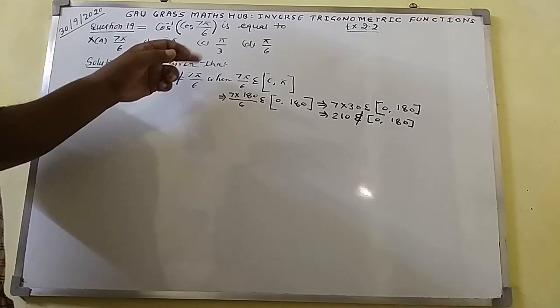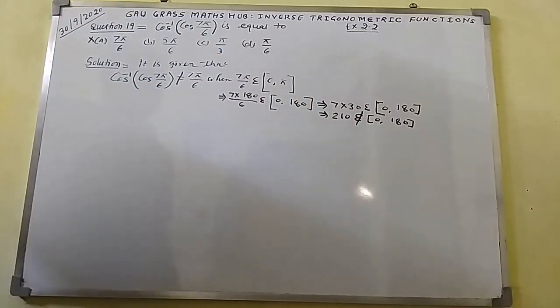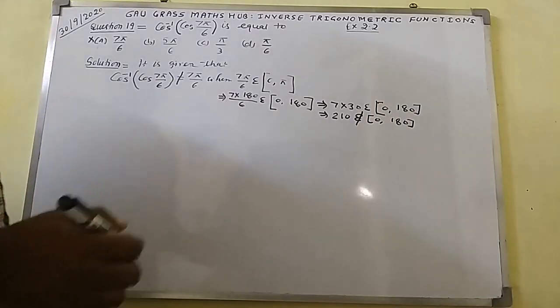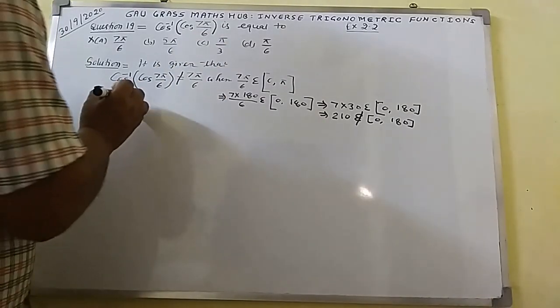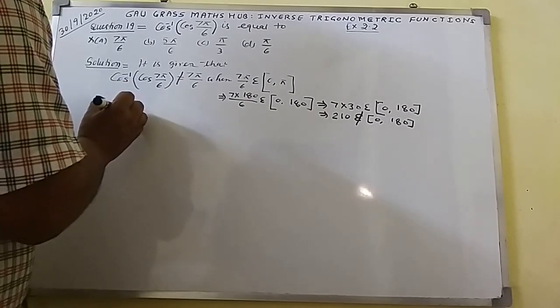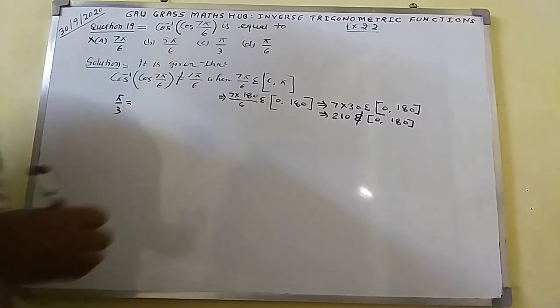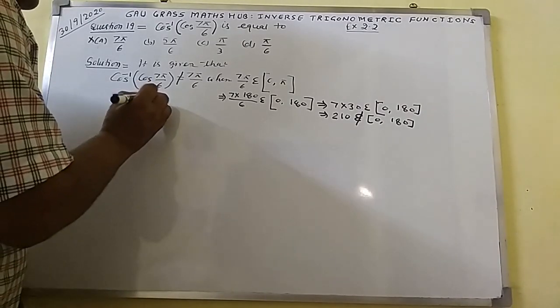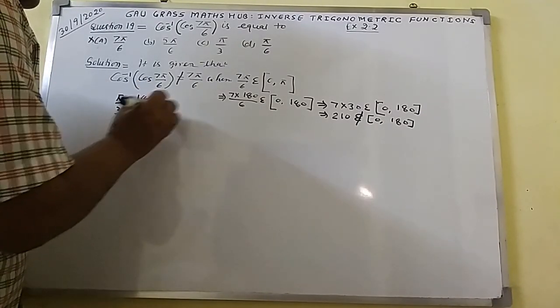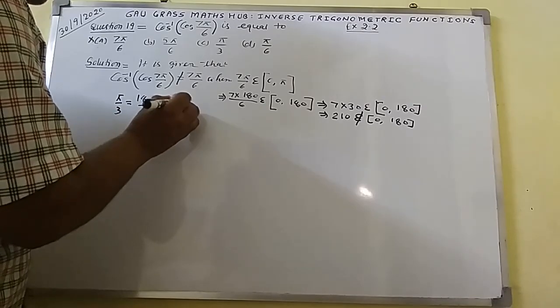Now let us see this option, pi by 3. Pi by 3 means 180 over 3, which equals 60 degree.